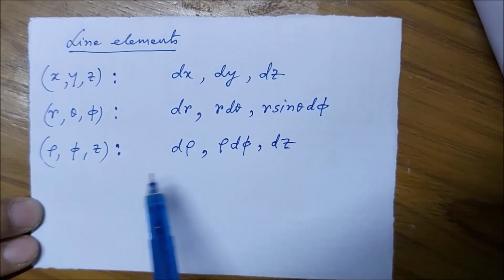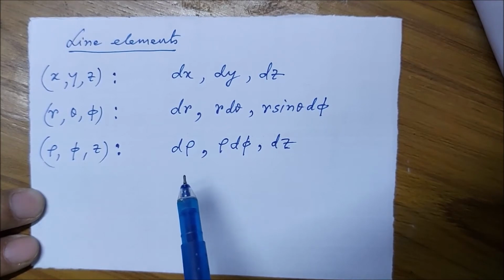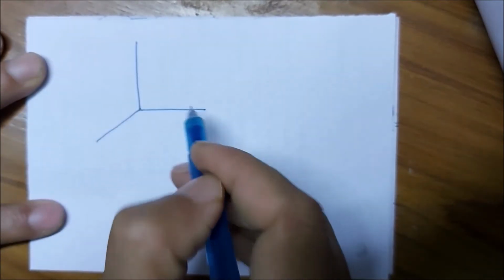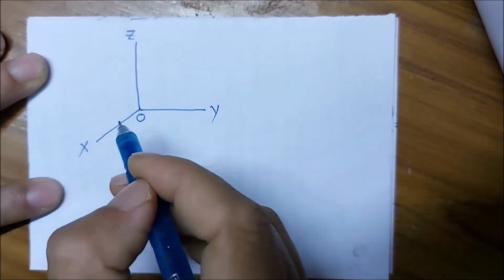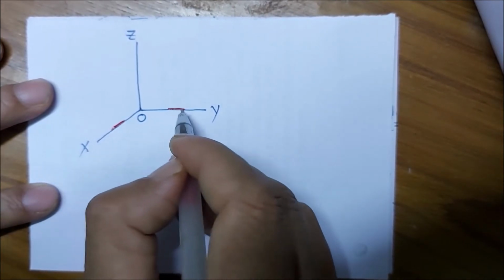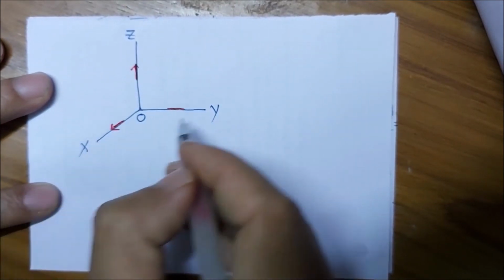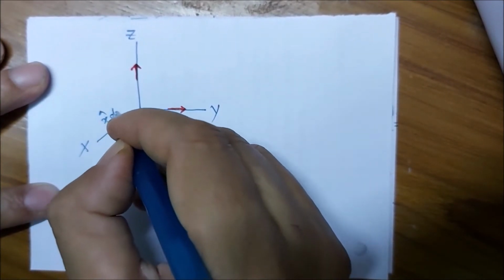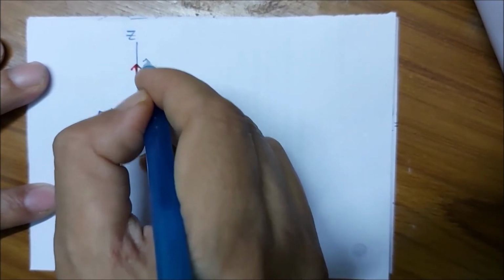We can consider these line elements as vector quantities by attaching unit vectors which are tangents to these line elements. And this is the coordinate system, x-axis, y-axis, z-axis. This is the origin. The length elements are, this is along x-axis, this is along y-axis and this is along z-axis. The directions are x cap dx, y cap dy and z cap dz.